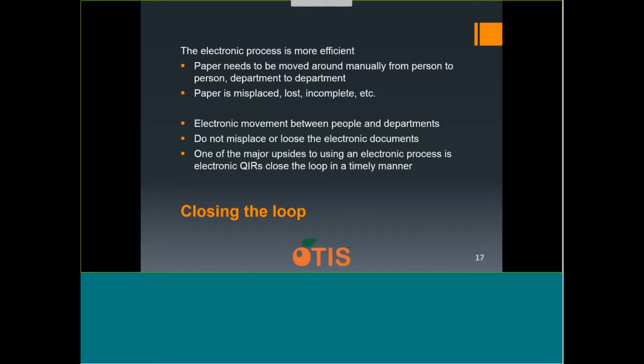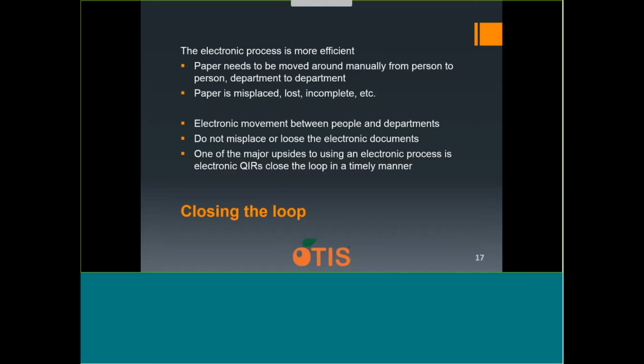And even in the case of incomplete, when you know where the report is, it moves much more quickly, as I mentioned earlier. The electronic movement between people and departments takes seconds. Once somebody finishes something, it goes along and moves to the next person. And you don't have misplaced or lost electronic documents. No way.